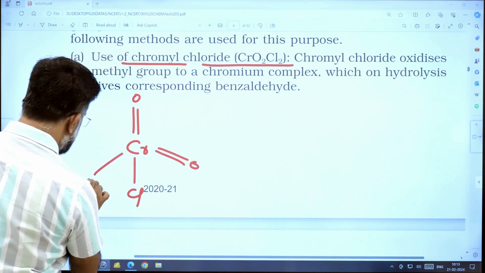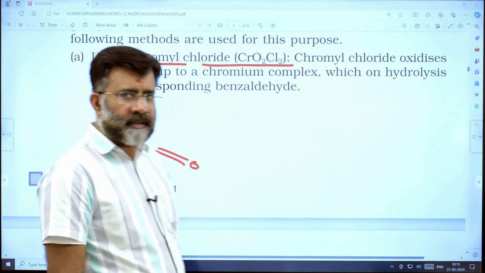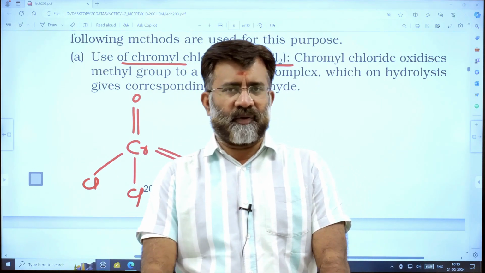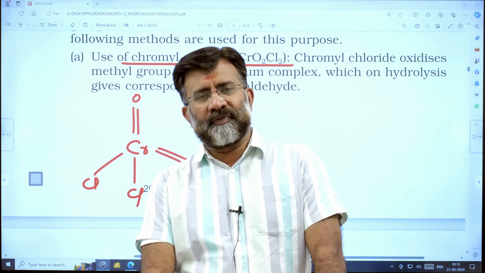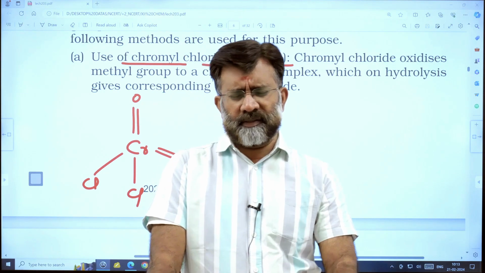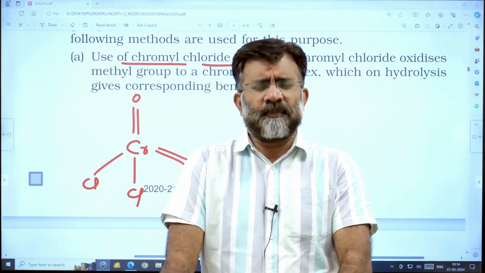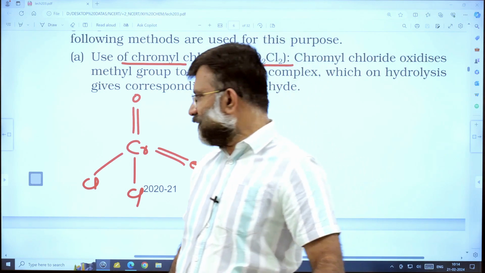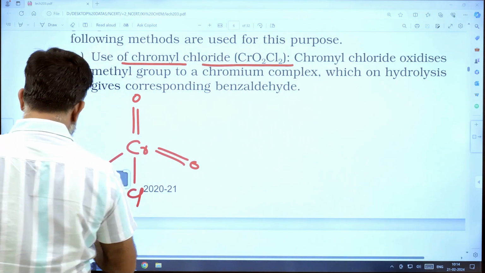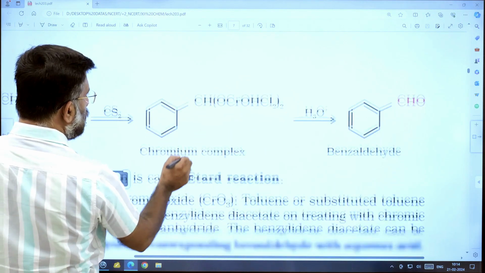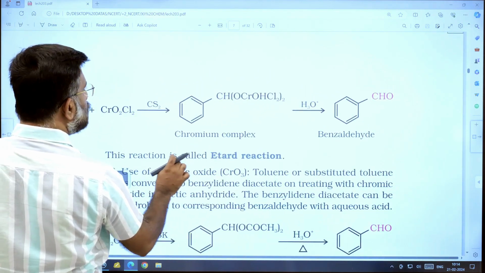Using this, we conduct a special type of reaction on the side chain of toluene or such systems. It is a very popular reaction known to all, Etard's reaction. We are going to discuss Etard's reaction, side chain oxidation of benzene using chromyl chloride.